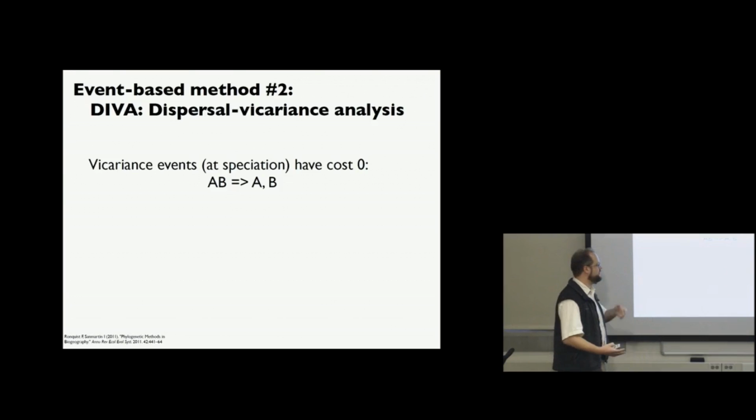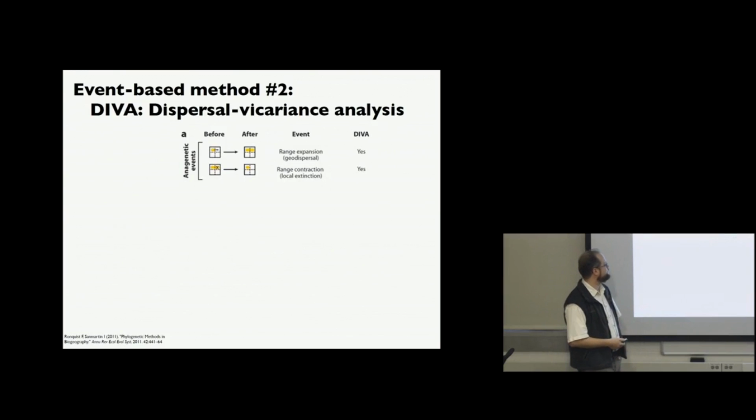It assigns a cost of 1 to dispersal and extinction events, and a cost of 0 to vicariance events, so it actually tends to prefer vicariance events. There's a pattern in DIVA analyses where if you have a bunch of species living in individual regions, you will typically infer the ancestor is living in all the regions. And then the ancestor breaks up and produces the distributions of your modern organisms.